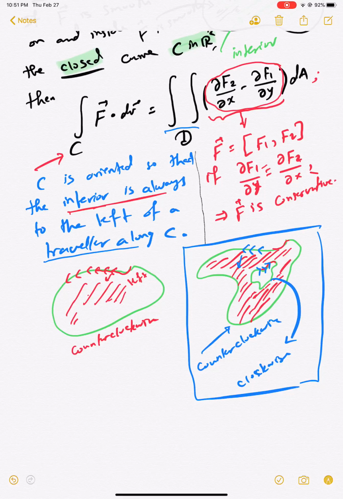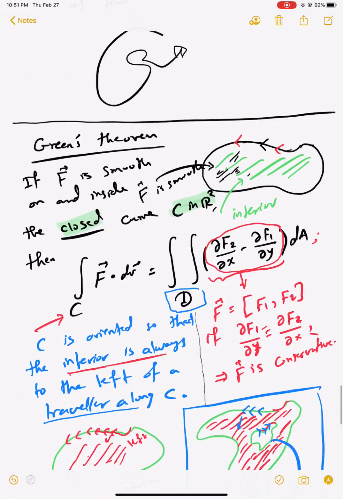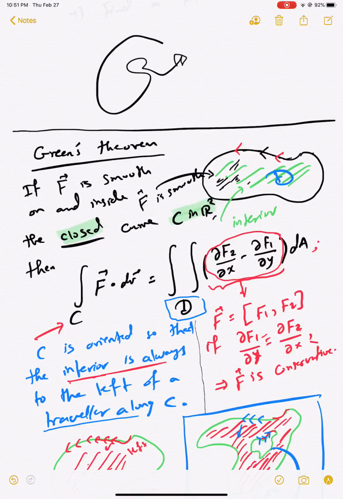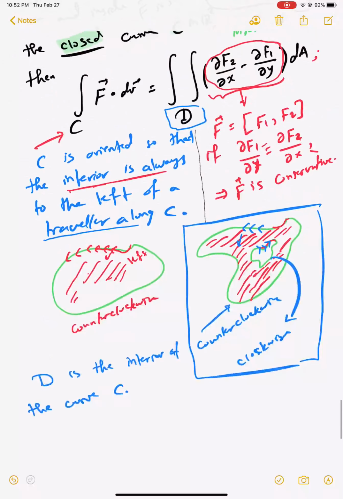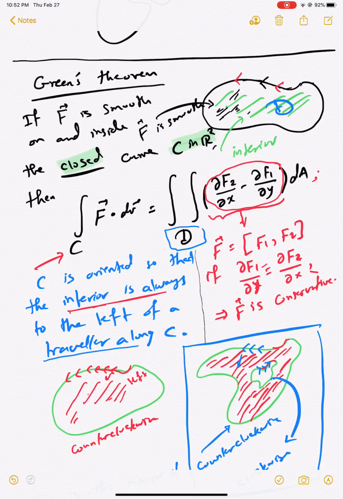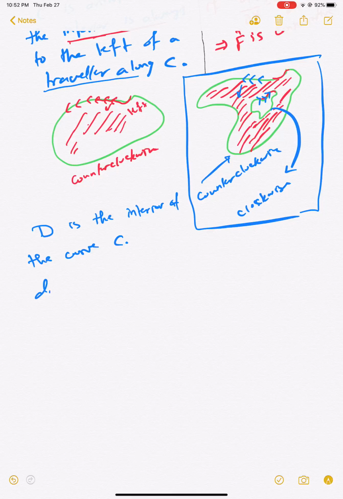Now what is D? D is the interior of the curve C. So going back, this is D. This is the interior. So we always have a certain area. And please remember, because we're having a double integral here, what is dA? dA is dy dx or dx dy.